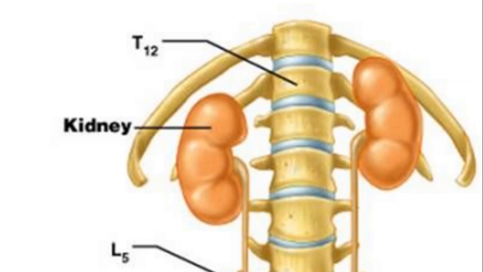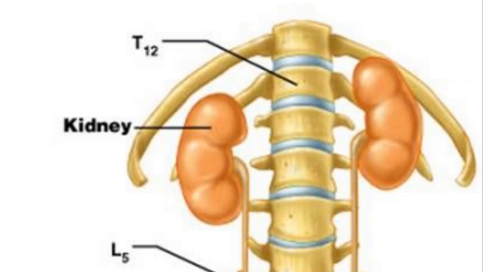It is covered on the anterior part by the fascia and the peritoneum, while the posterior portion is devoid of peritoneum and is directly attached to the posterior abdominal wall, and accordingly it's called a retroperitoneal organ.